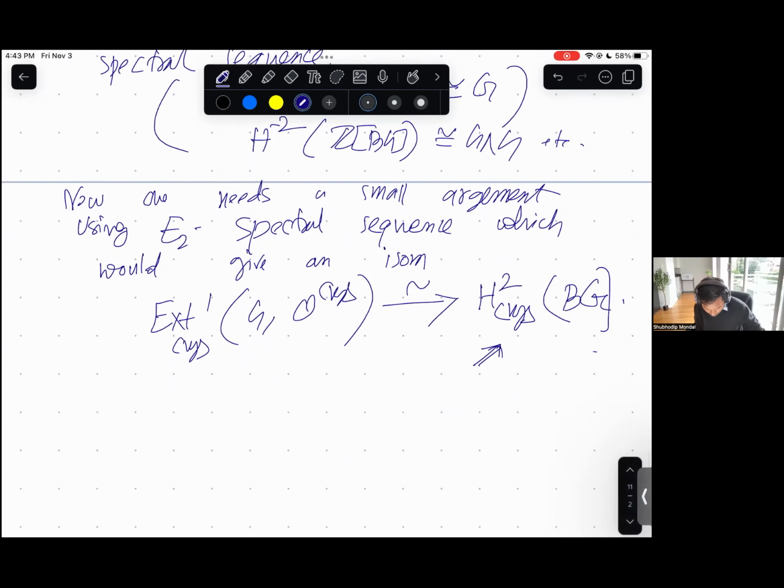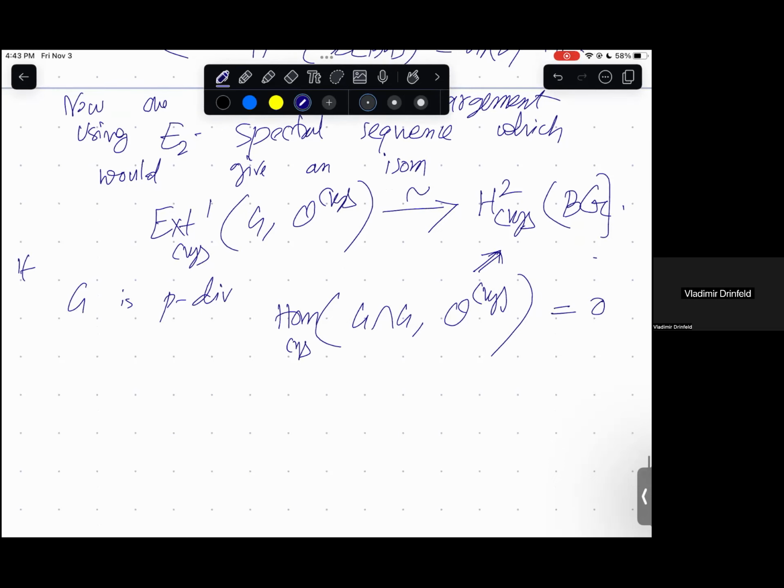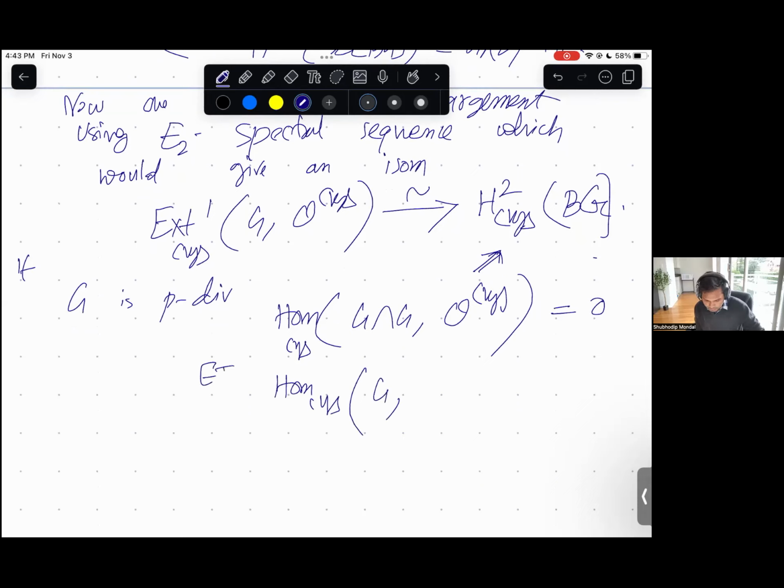If we're working in the p-divisible case, G is p-divisible, then one needs to prove that Hom(G, O_cris) is 0, for example, on the crystalline side. Okay, this is not very bad either, because it's enough to prove that the sheaf Hom is 0.